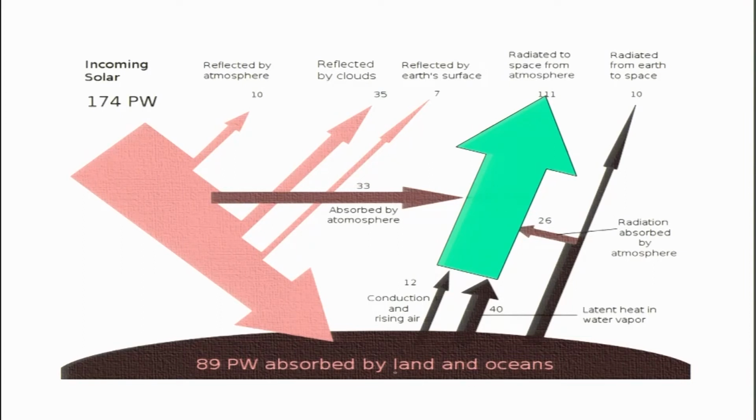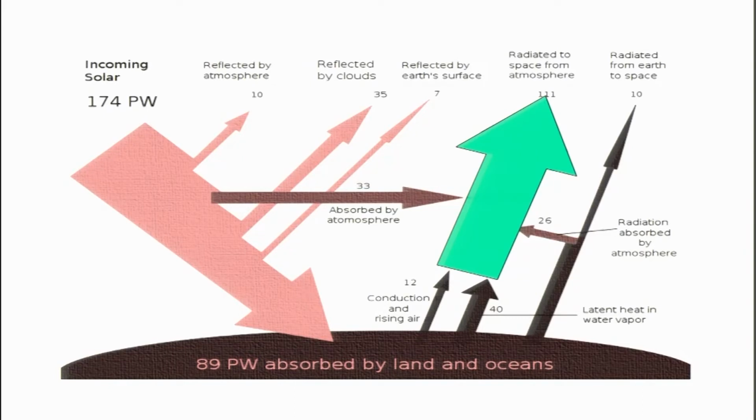And out of this 89 which is absorbed, you have 12 that goes away via conduction as well as by rising air, and then 40 goes as latent heat in water vapor, and then the third portion which is about 36. Out of 36, 26 goes as radiation which is absorbed by the atmosphere, and 10 goes as radiation from the earth to space. So, if you count these 33, 12, 40 and 26, this is basically 111 petawatt radiated to space from the atmosphere.